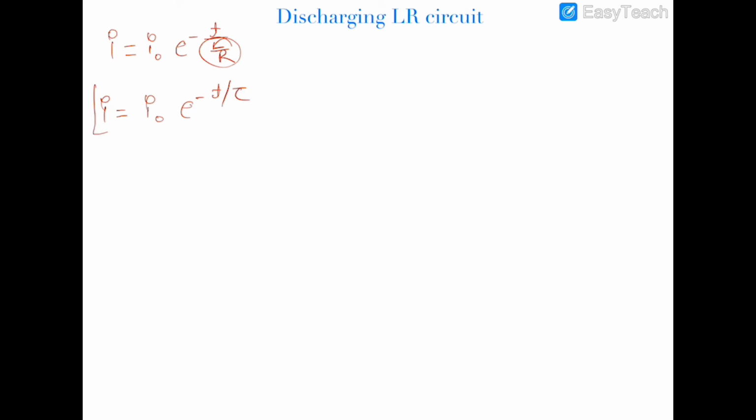But you should very carefully remember one thing, that this time constant in this discharging circuit is completely different as compared to that in the charging circuit, because you can see that at t equal to tau, I is equal to I naught into e to the power minus 1, so I is equal to I naught upon e.